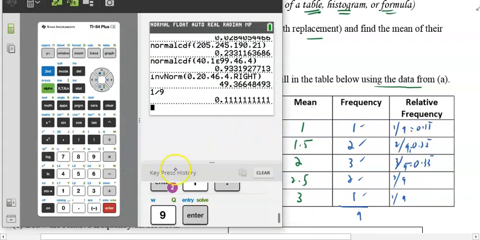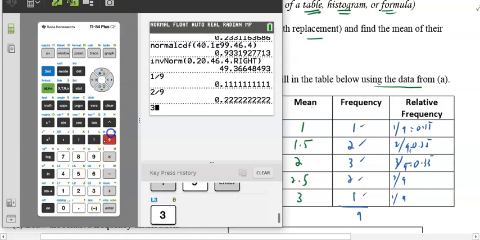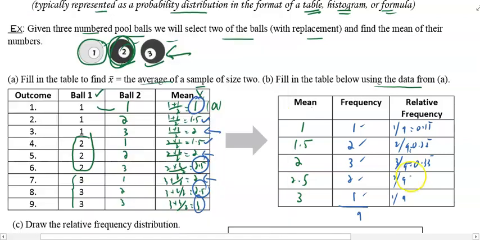Simple math. So this is 0.22 and this is 0.11.